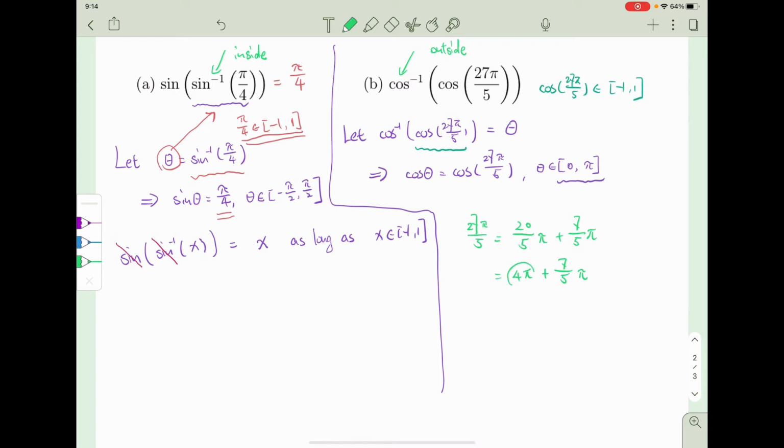And this 4 pi is an even multiple of pi, a multiple of 2 pi, so we can just ignore it. When these two things are evaluated by cosine, they are the same because 2 pi is a period, right?